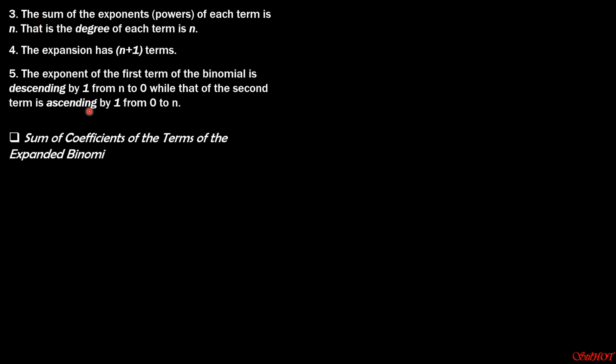Because of these observations, we can derive and generalize the sum of coefficients of the terms of the expanded binomial. I'll call that S sub c. So for case 1, this is the general binomial, assuming the binomial has terms ax to the p, where the exponent of x is not necessarily 1, plus by to the q, quantity raised to n.